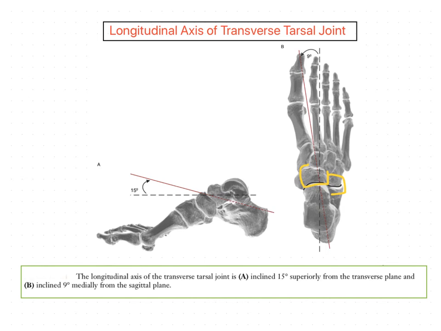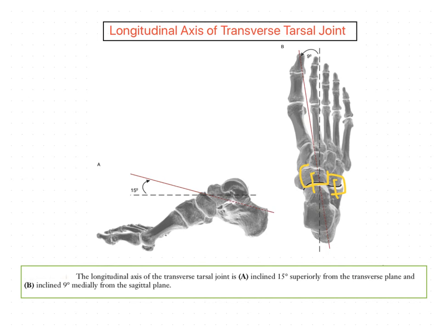Although the talonavicular and calcaneocuboid joints have some independent movement, motion at one is generally accompanied by at least some motion of the other because of their functional bony and ligamentous connections.